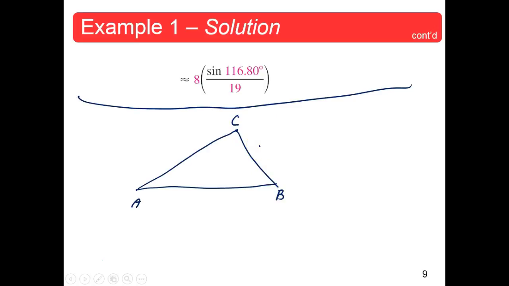Okay? Now, they give us angle A of 25 degrees. They give us side b of 9 meters. They give us side c of 12 meters. Okay? Now, it looks like my picture is reasonably close.